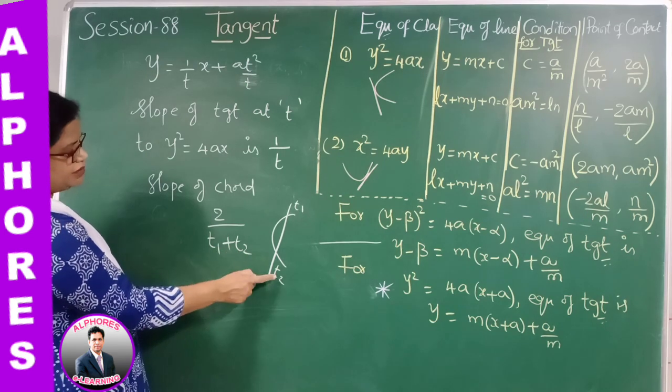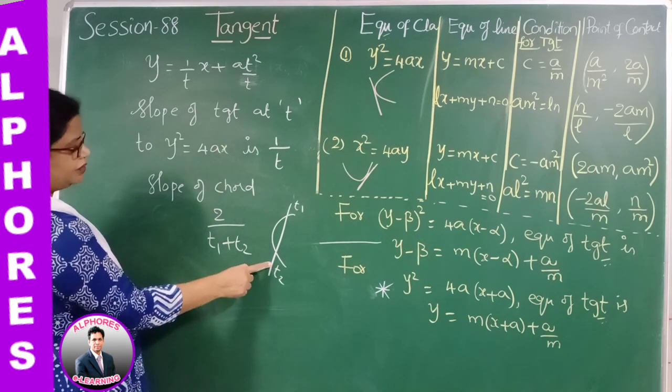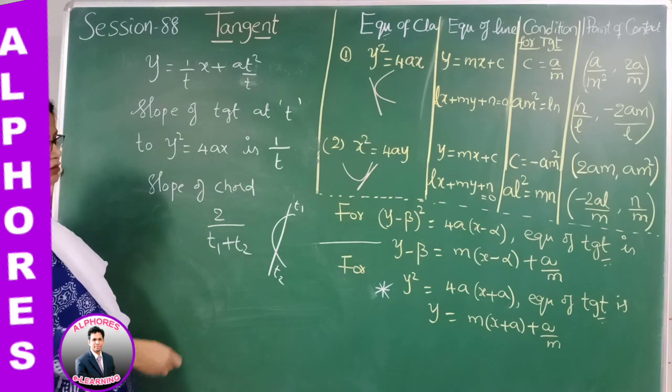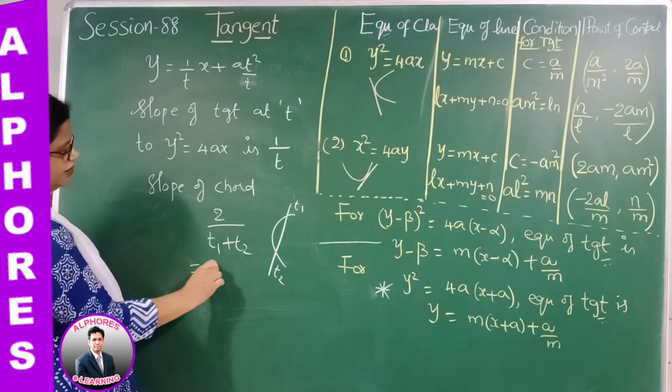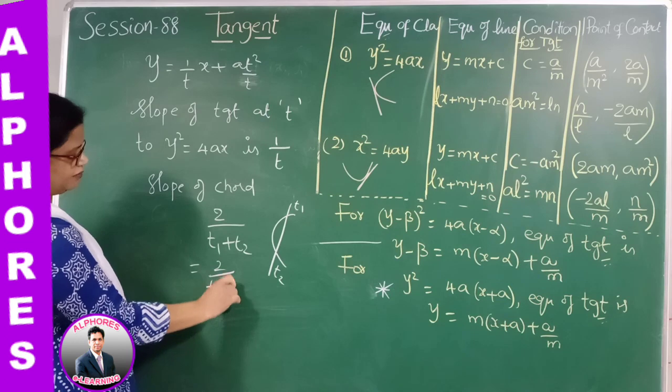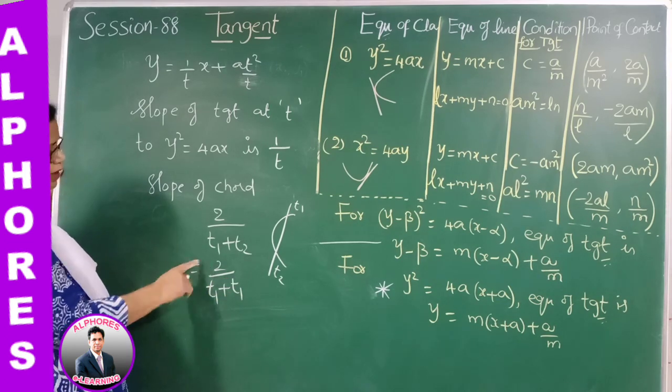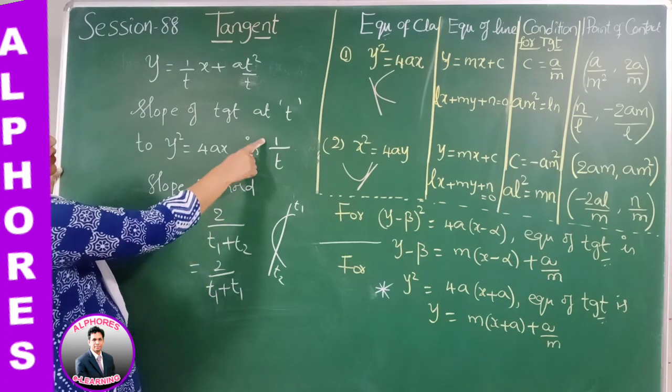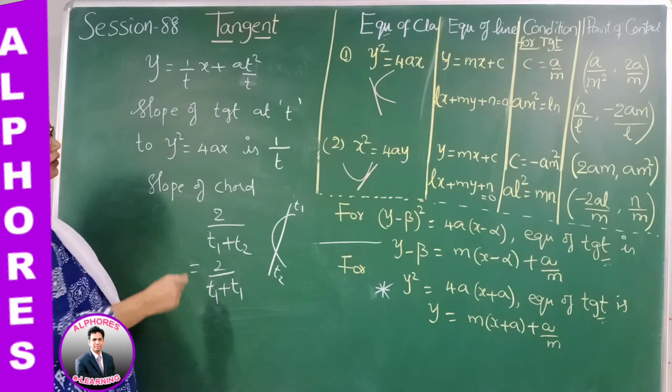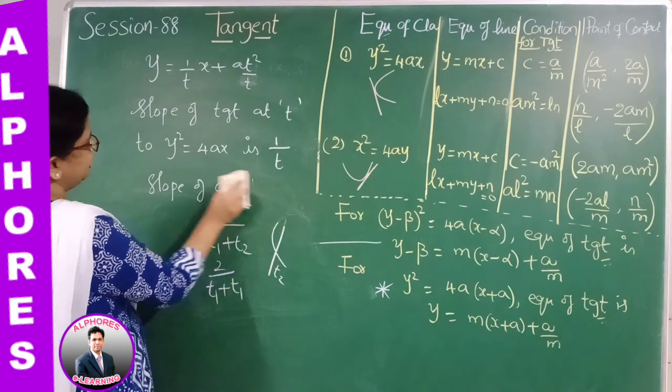Then what is happening now for the tangent? T2 is tending to T1, which implies 2 by T1 plus T1, so 2 by 2T1, that is 1 by T. Okay, so in this way also we can derive, students.